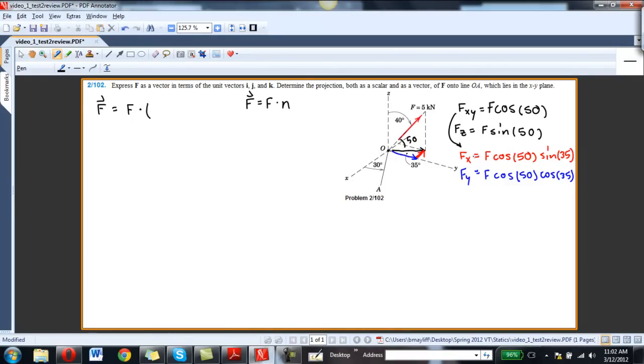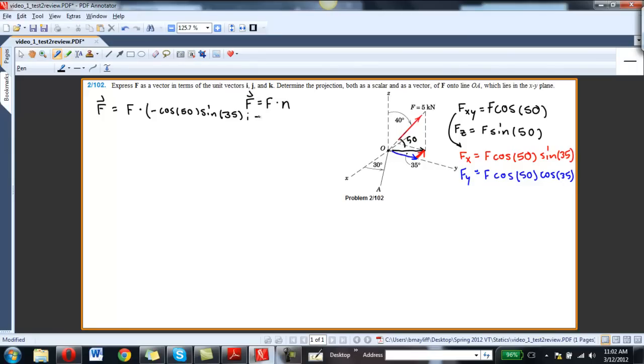So we have Fx, which would be negative cosine 50 sine 35 i.